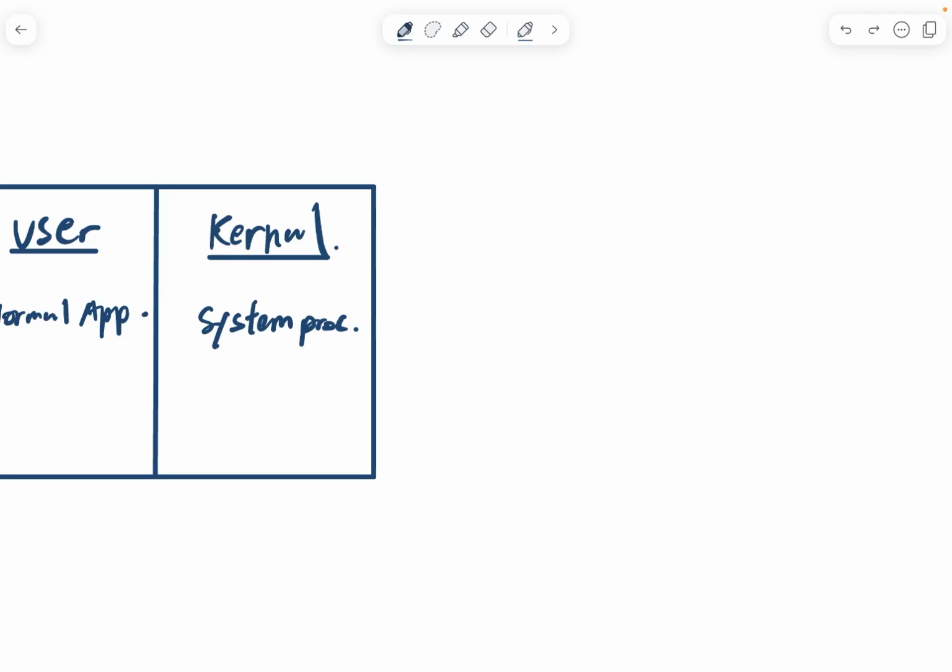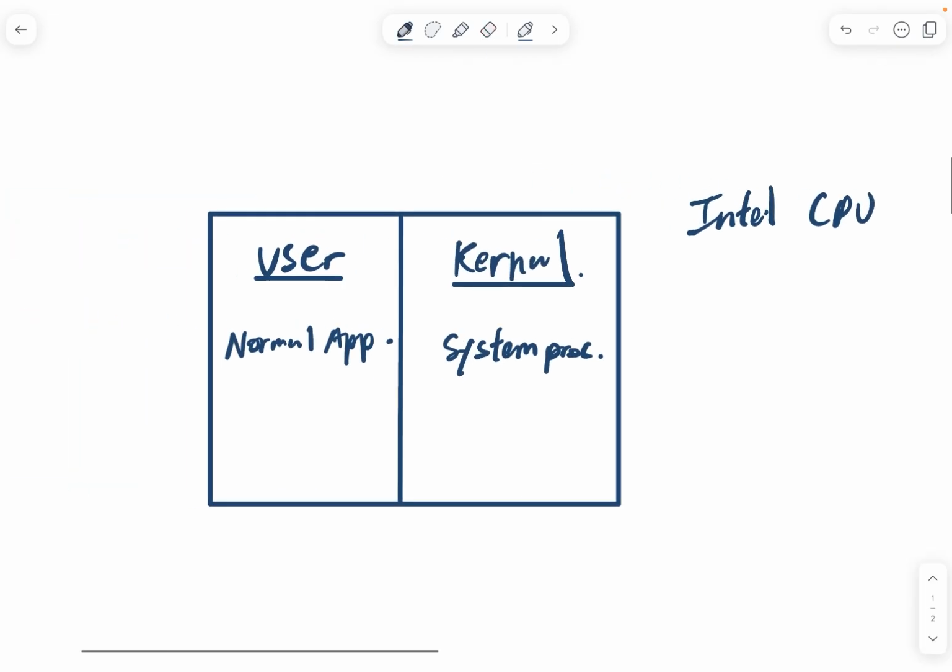Okay, so it turns out that there is a design flaw in the Intel CPU.